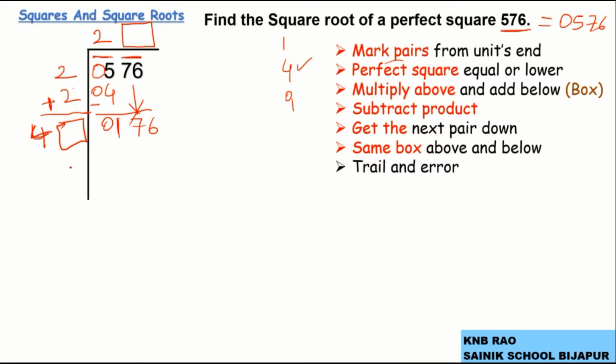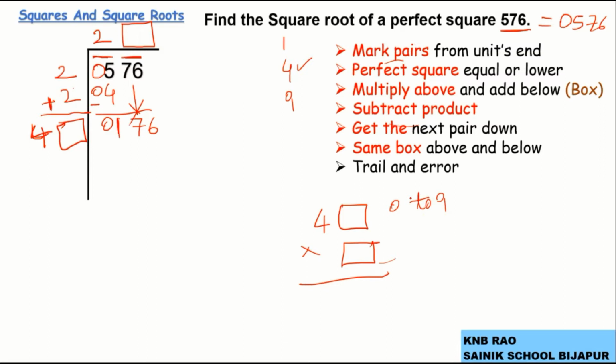So I have to choose such a digit in the box so that when that digit is multiplied with the number generated, 4 being in tens place, the product is closest to 176. So students, by trial and error I have to choose any one digit from 0 to 9.